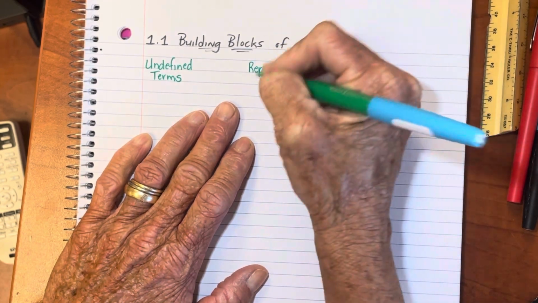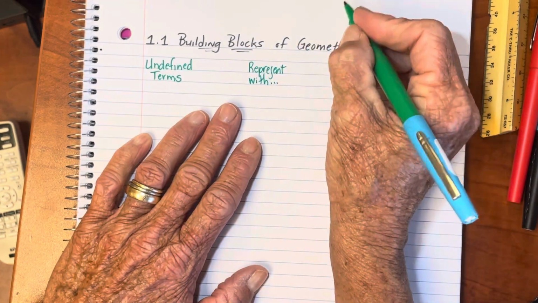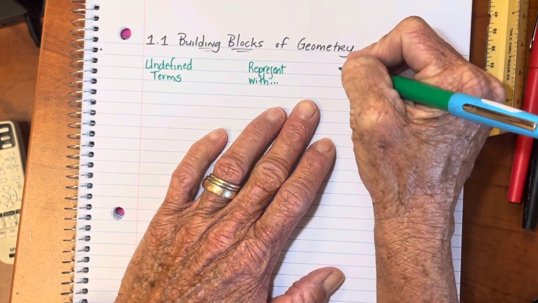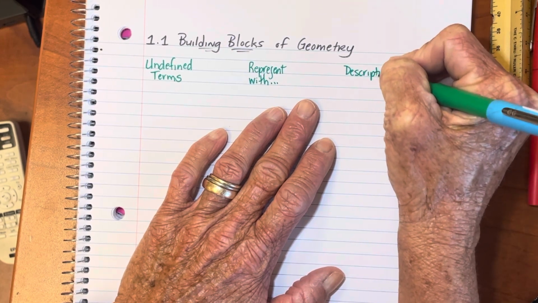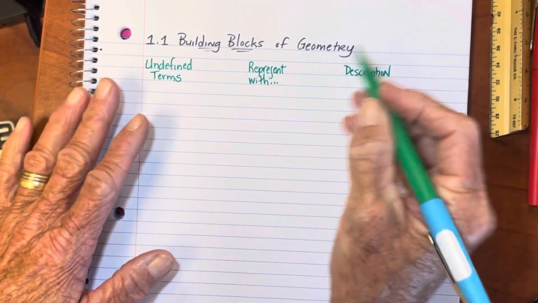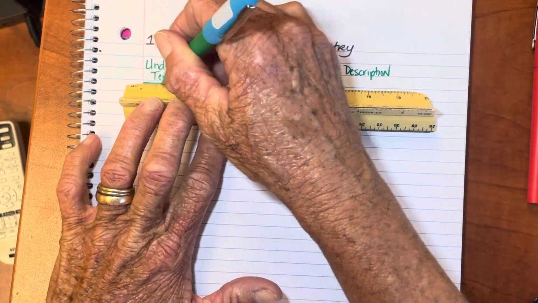We represent these terms with, and then we'll describe it in words or with a picture. We'll give a description of each. Okay, so these are going to be our three columns.